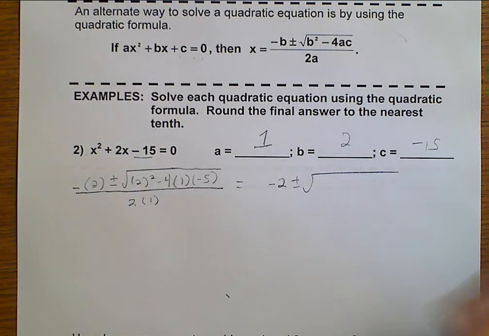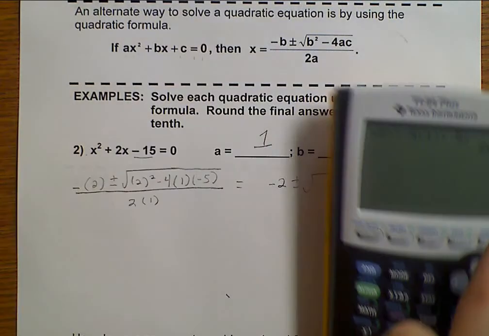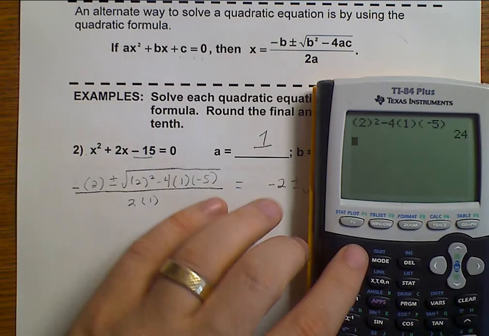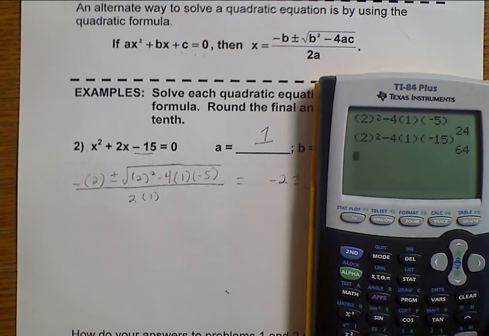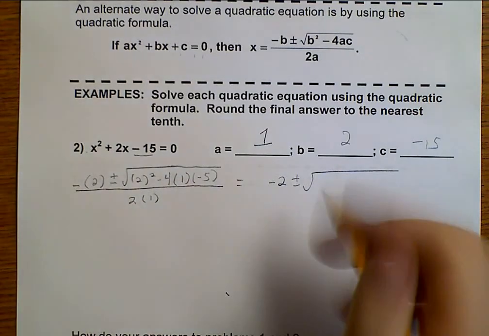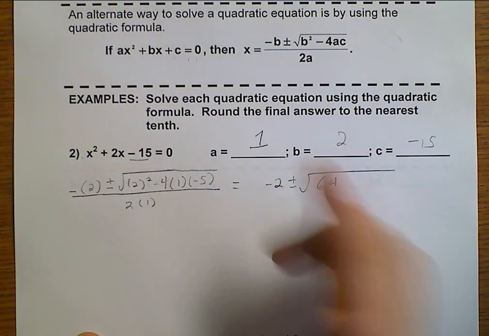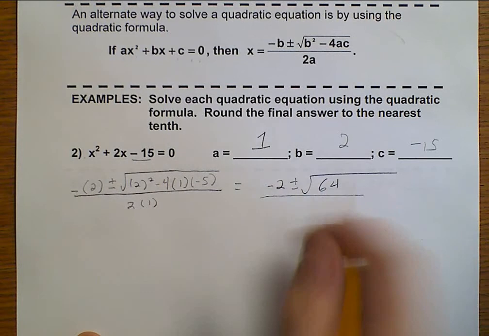Oh, hold up. I have a small error. It's not negative 5. It's negative 15. And I get 64. Thought that was looking a little off. So I get 64. All over 2 times 1 is 2.